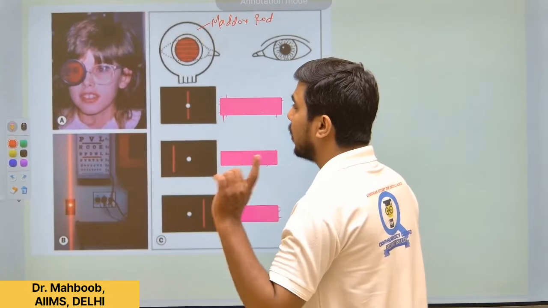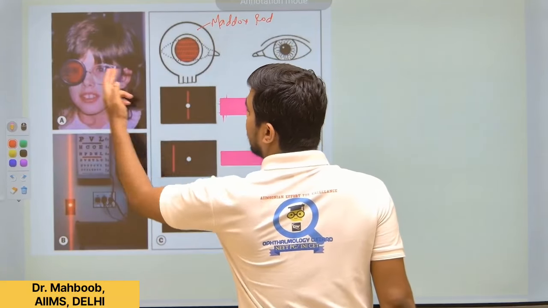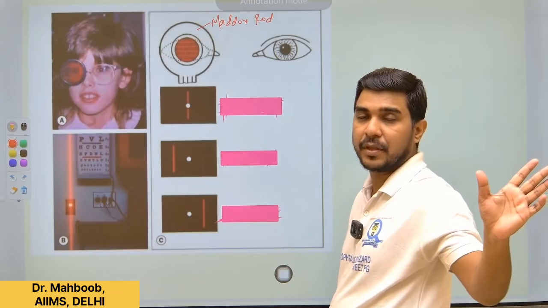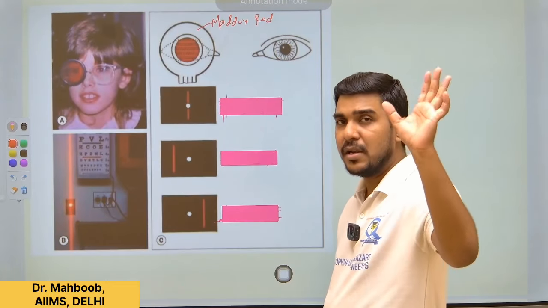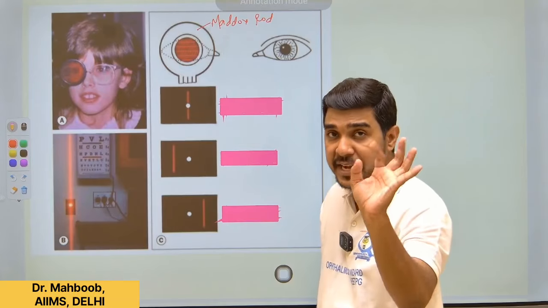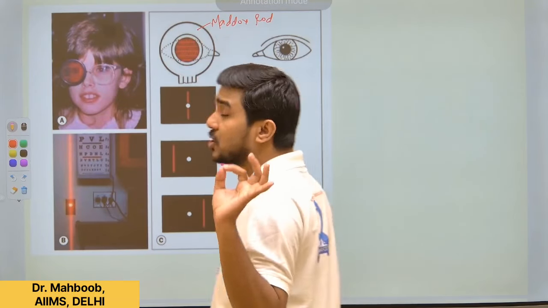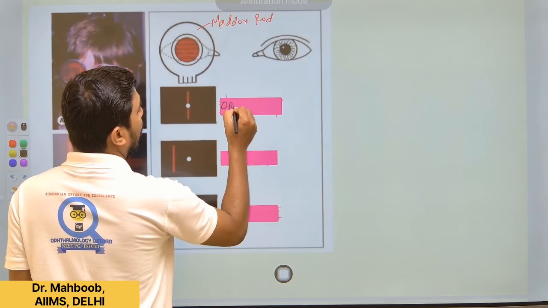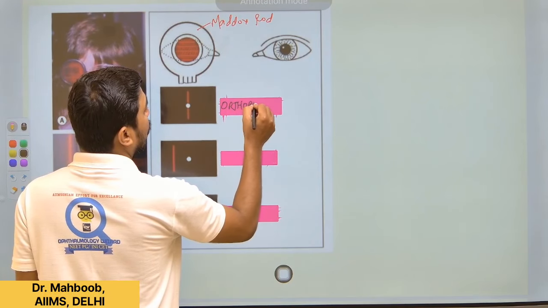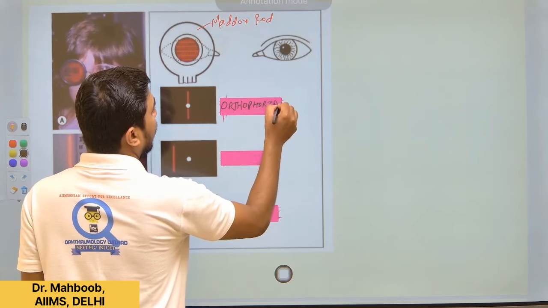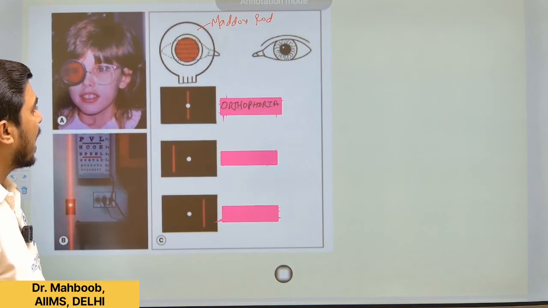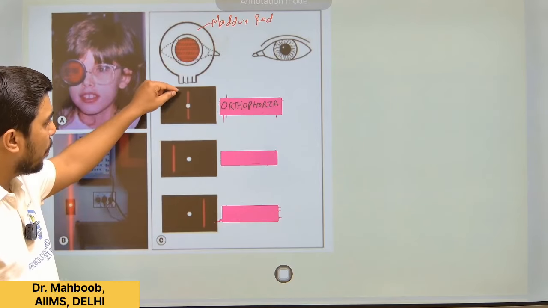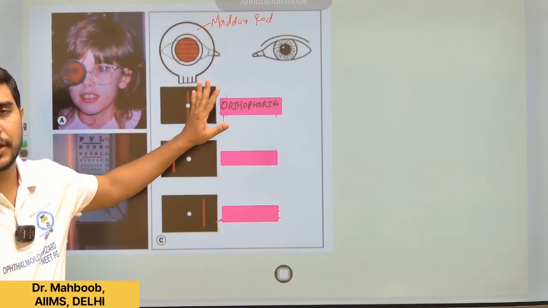Understood? Now, if the red line and the dot coincide, that means the patient is normal, the eyes are well aligned, and this normal condition is called orthophoria. Okay? And if there is no perfect alignment, that means there is no orthophoria.